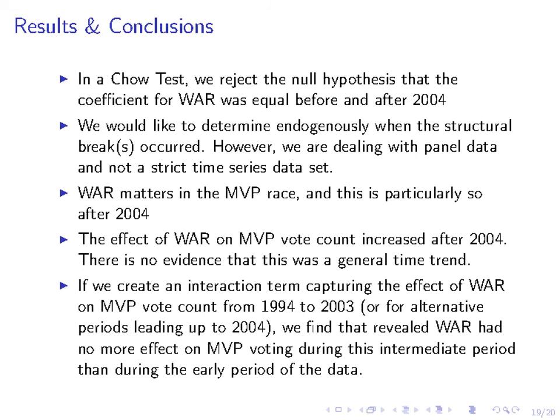If we create an interaction term capturing the effect of WAR on MVP vote count from 1994 to 2003, or for alternative periods leading up to 2004, we find that revealed WAR had no more effect on MVP voting during this intermediate time period than during the early period of the data. So it doesn't seem like voters were just slowly becoming more savvy. It seems like there actually was a break in their information and their behavior from 2004.